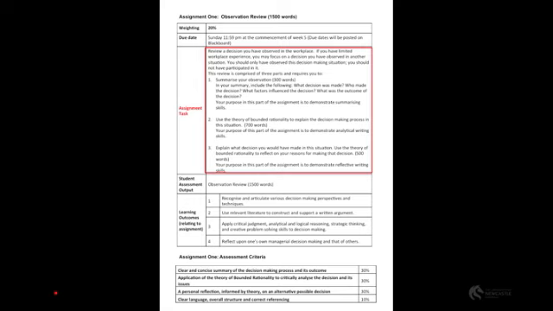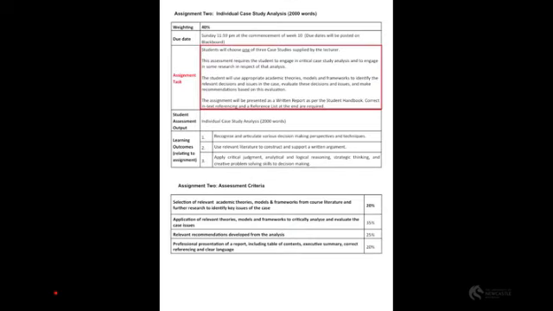Now let's look at assignment 2, an individual case study analysis, which is on page 13 of your course outline. You can see the same layout as assignment 1, weighting, due, expected student output, learning outcomes related to the task.